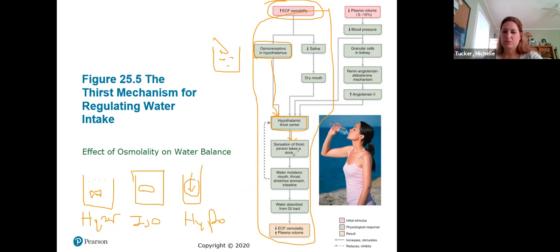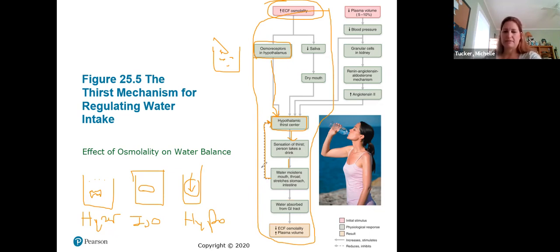We ingest water, and the water moistens the lining of the mouth, throat, and stomach. And it is going to tell the hypothalamus we're good. Because if we waited for the actual osmotic balance to get completely back to normal, we would have probably over-ingested water.